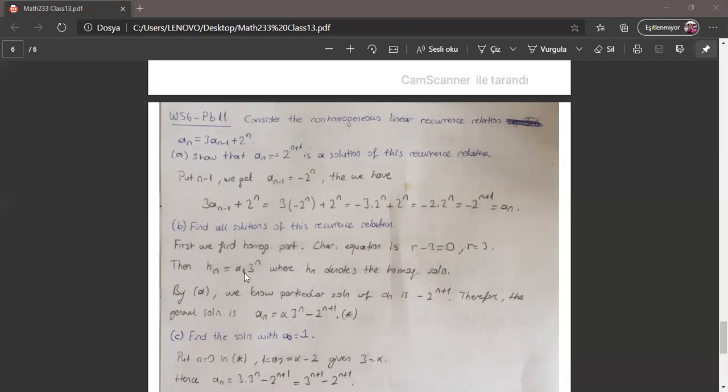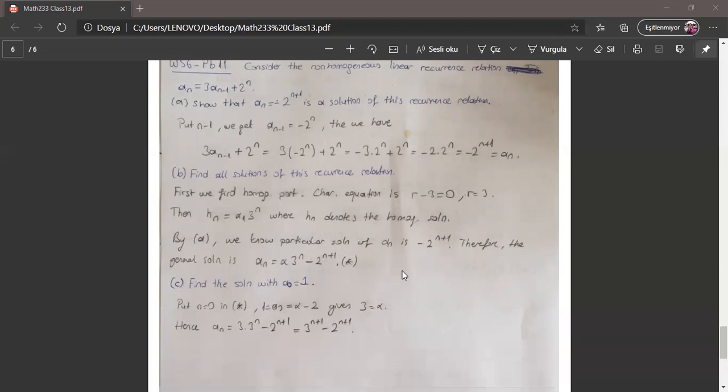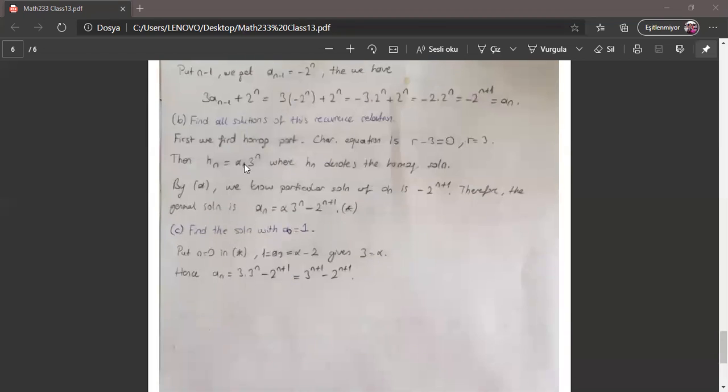Now this is the homogeneous part. Now we know from part A that this is the non-homogeneous part. Then we get this recurrence relation. This is the general solution. Now, this may be alpha or this may be alpha 1. They are the same, okay?